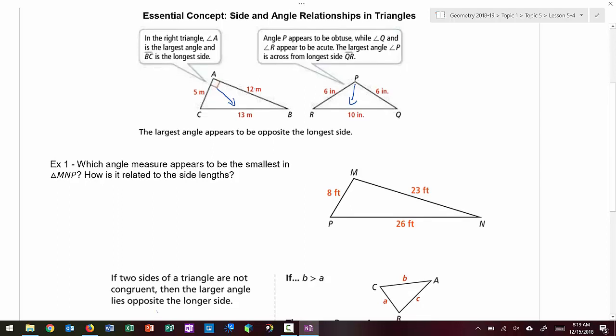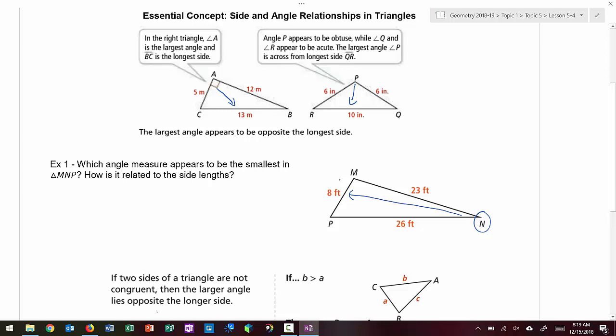So if we look closely at this, it appears that angle M is our largest angle, and it kind of works out because it's across from our longest side. But if you look closely at the picture, this angle N is our smallest angle by far. It's smaller than P, and it happens to be straight across from our shortest side of the three given.